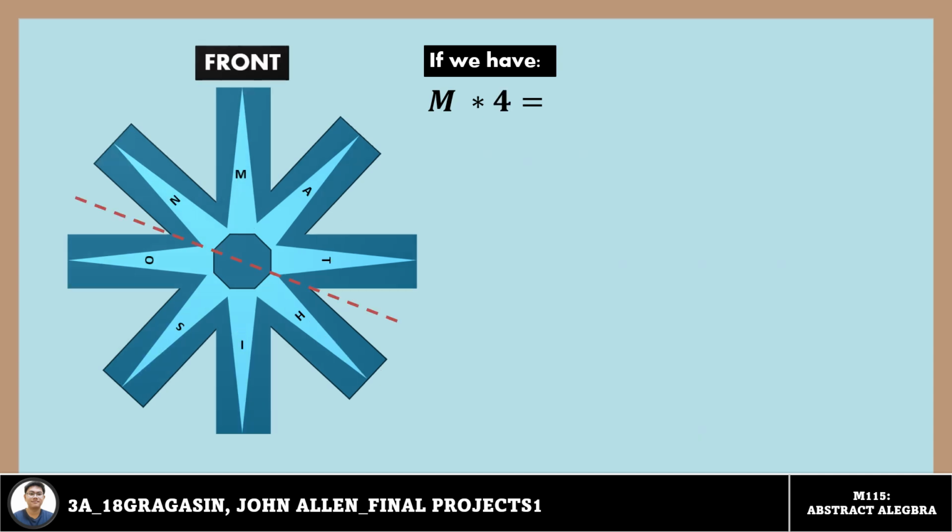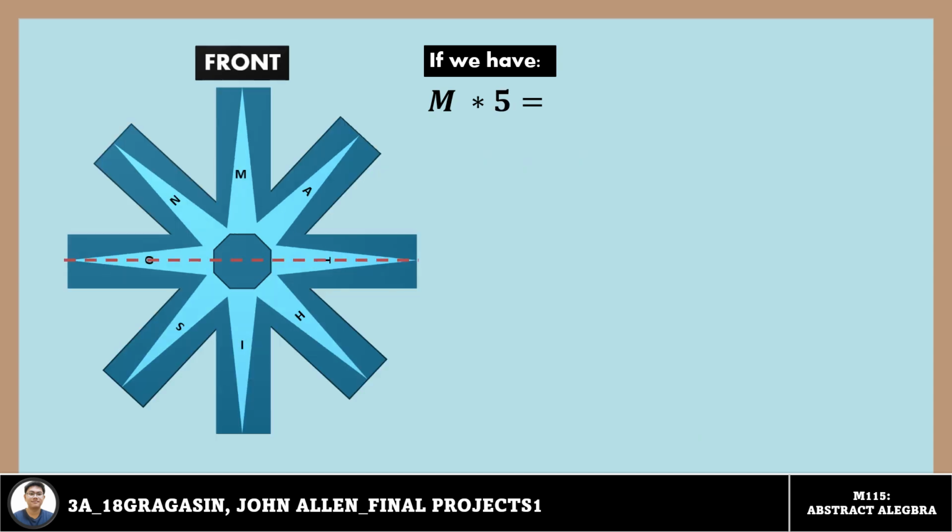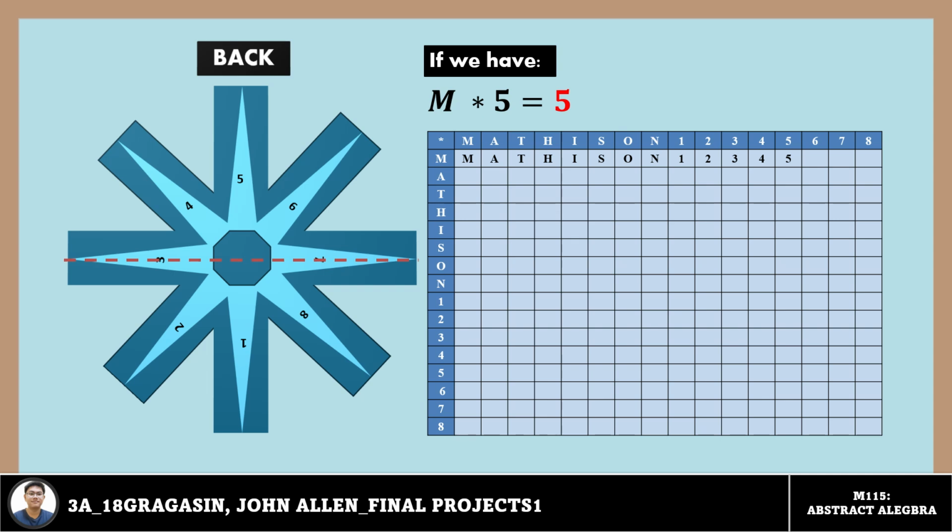Next, if M star 4 or do nothing, then we flip between left diagonal and horizontal axis. Our answer would be the element 4. If M star 5 or do nothing, then we flip it horizontally. Our answer would be the element 5 as well.